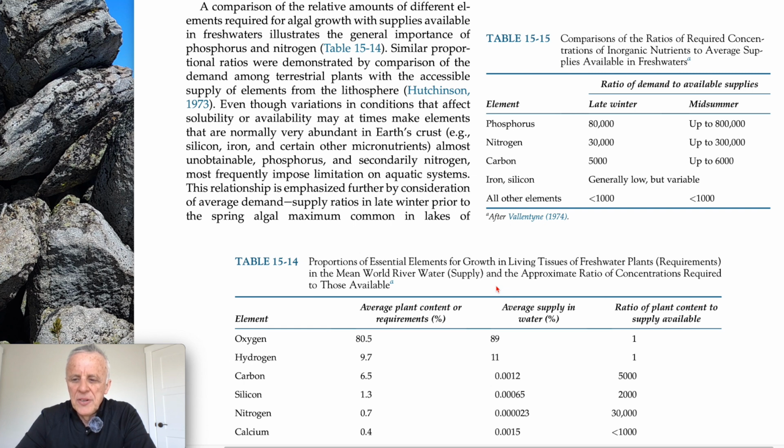We have 80,000 up to 800,000 in the midsummer, which is the most productive time for plant biomass. Nitrogen, we have 30,000 up to 300,000, so it's a factor of 10 for all of them here, and even higher for carbon. But still, phosphorus leads the pack in terms of the ratio of demand to available supply.